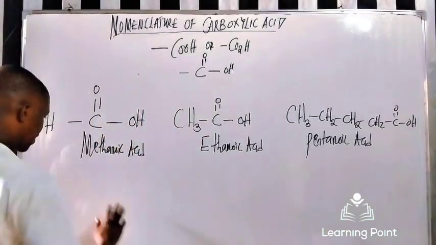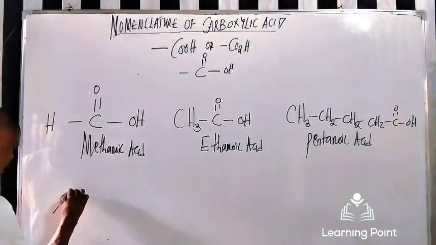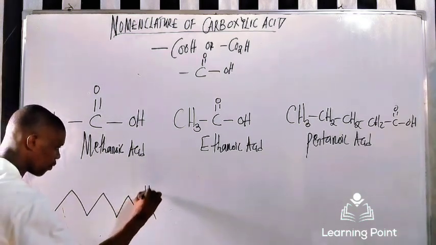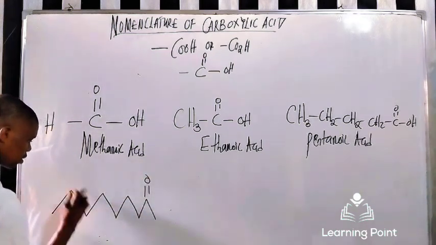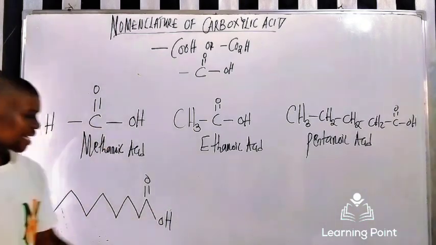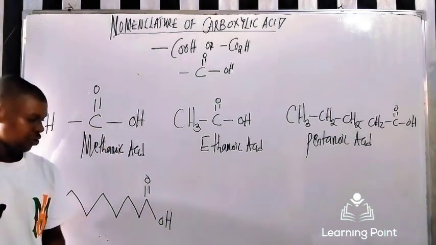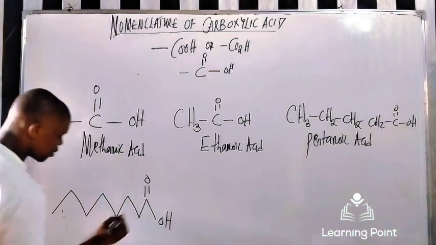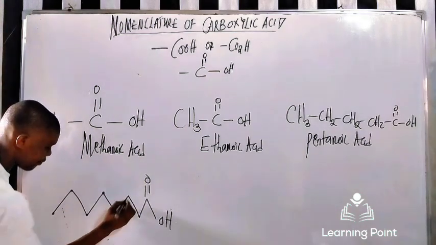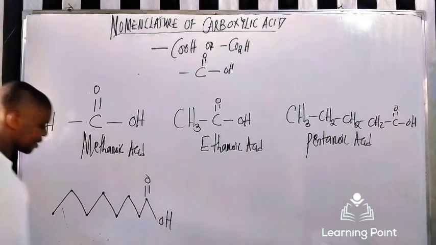Now, if for example here I have this one here, this is called skeletal structure. That means carbon 1, carbon 2, carbon 3, carbon 4, carbon 5, carbon 6, carbon 7, carbon 8.